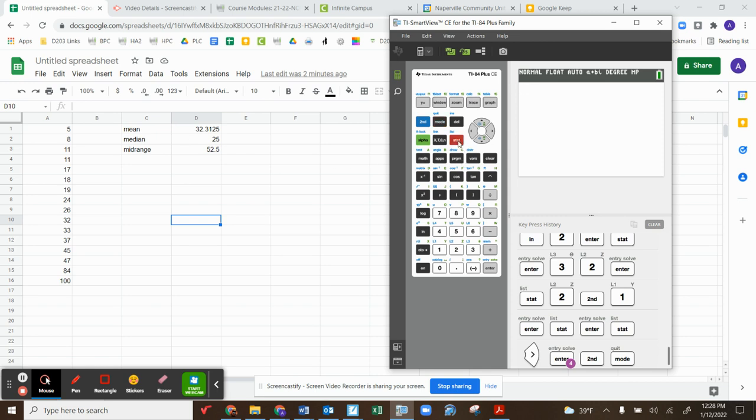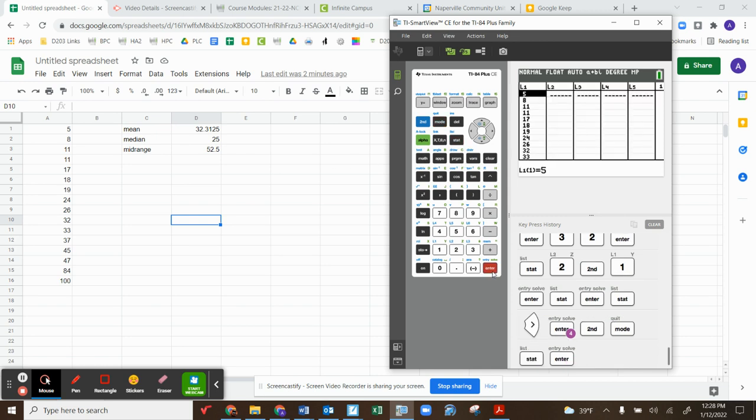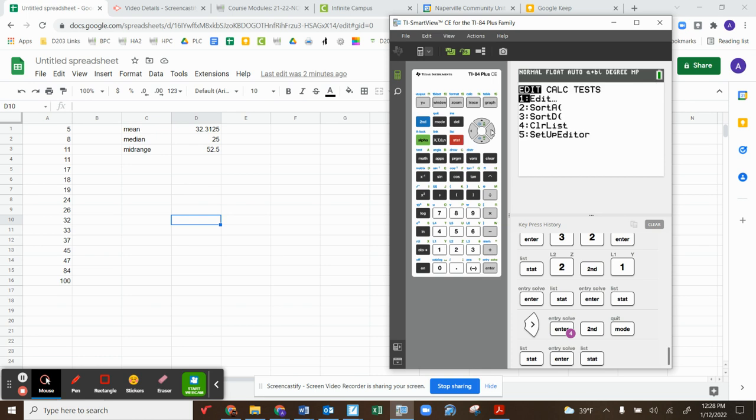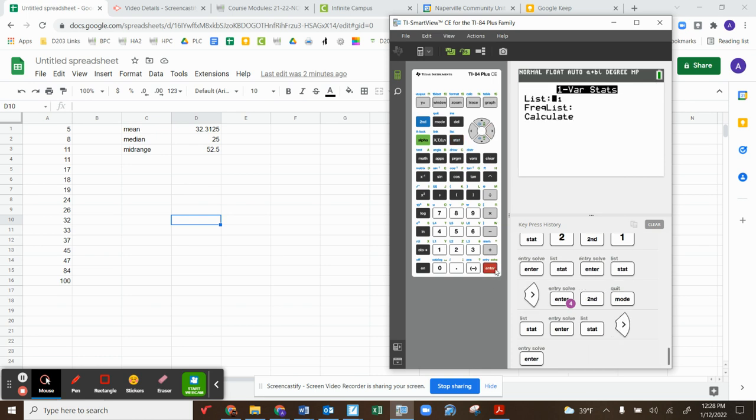All right, then after you have those typed in under stat and edit, then go to stat, calc, 1-Var Stats. Again, this should say L1, this should be blank. Go down to calculate, and you have these numbers here. So there's two standard deviations that are given in this one.